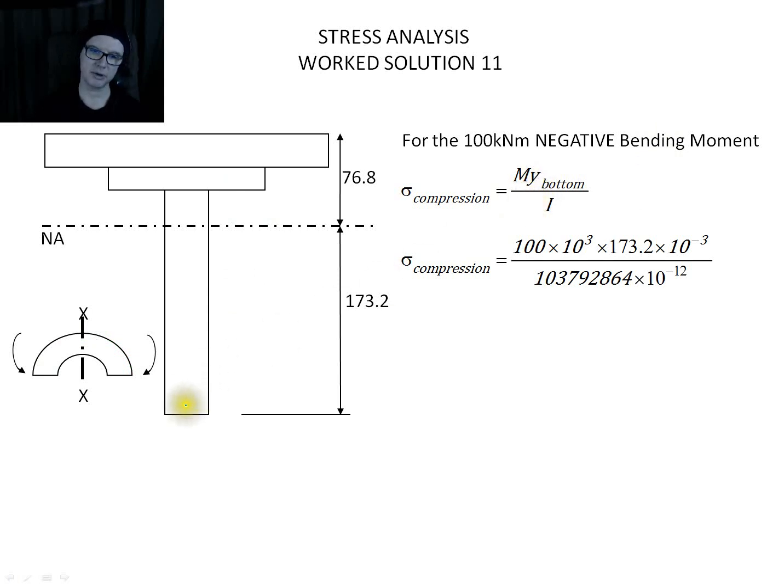Now I'm looking for the value on the bottom here. Because y is going up here, I could put a minus here, or I could just emphasize it's compression, and this particular solution is just emphasizing it's compression. So wherever you have the minus there is neither right nor wrong. Okay. And put those numbers in your calculator and we end up with that result.